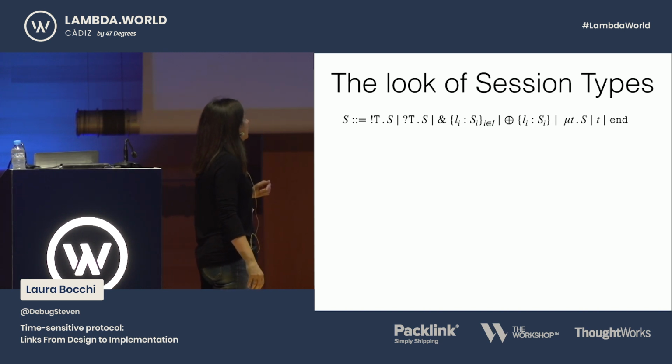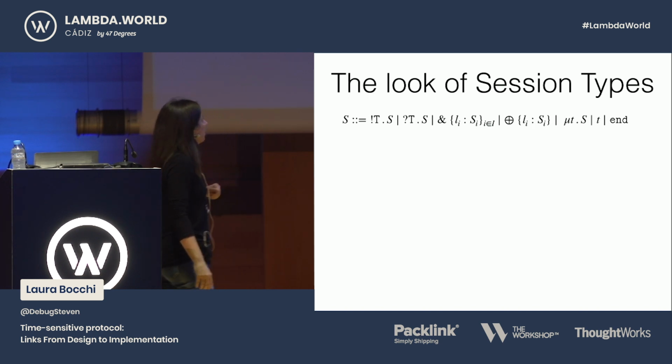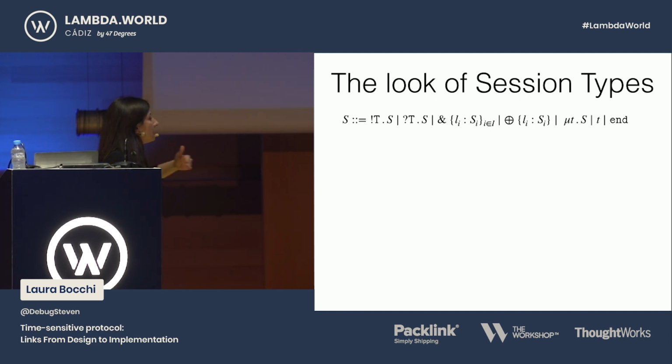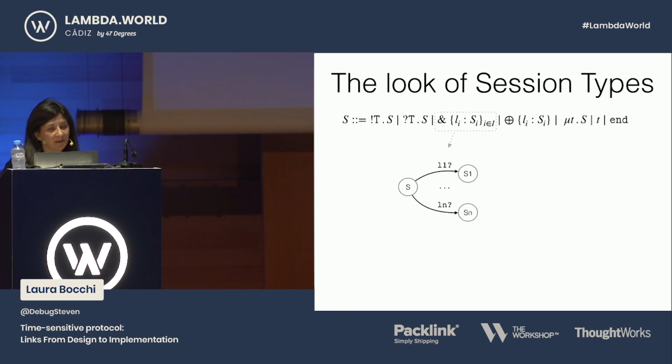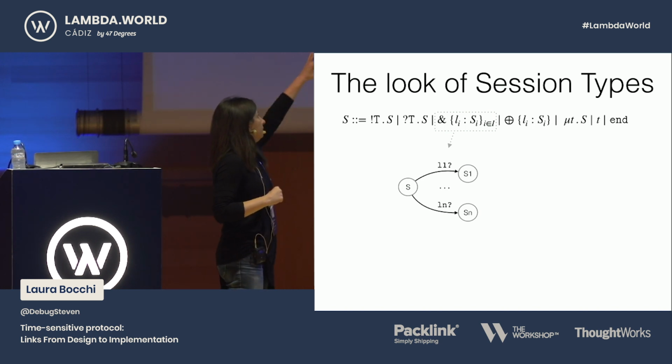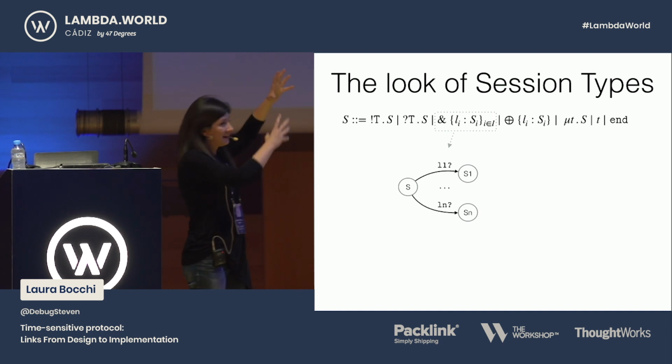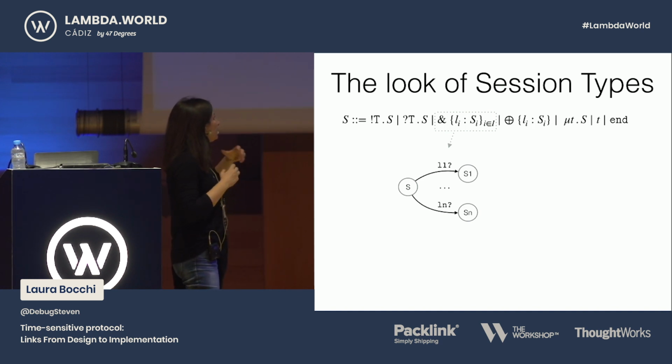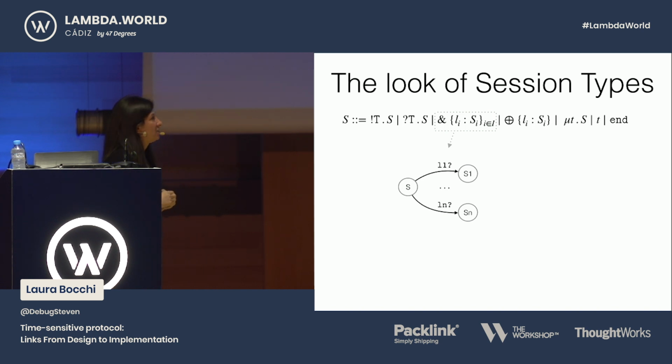We have a receive action, the question mark of a type T, and then a continuation after receiving continues as S. The third type is a branching. It's a bit like the server giving a number of choices of behavior. That construct corresponds in the automata world to a state where you have n outgoing edges, each receiving a specific label, and the labels are all distinct.